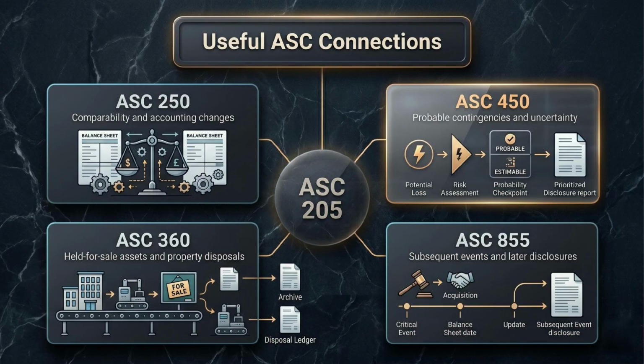ASC 450 connects with going concern thinking because probable uncertainty and obligations matter when evaluating financial pressure. ASC 855 connects because subsequent events may affect disclosures or the way users understand conditions after the reporting date. We will not force every connection into every video because that becomes academic traffic jam. We will use only the connections that actually help understanding.